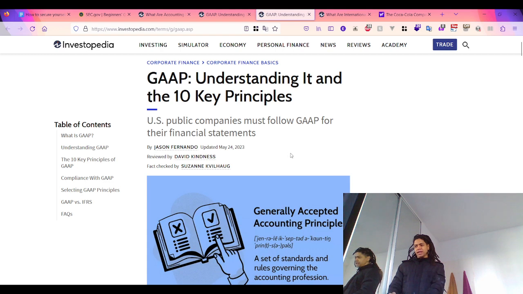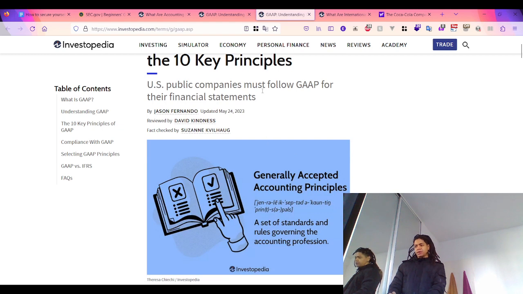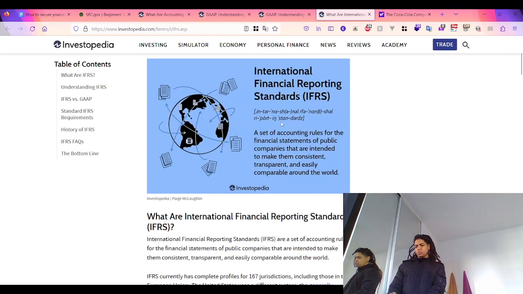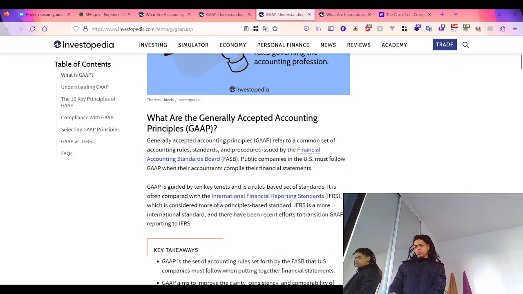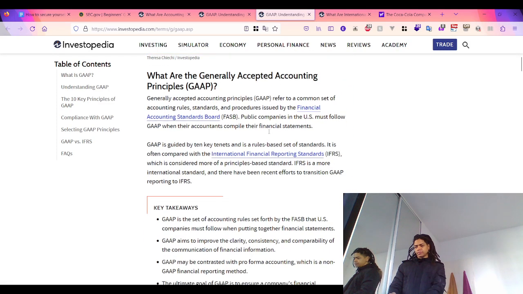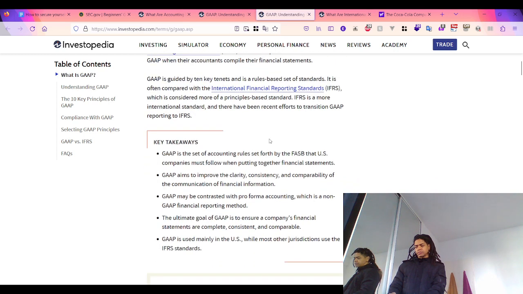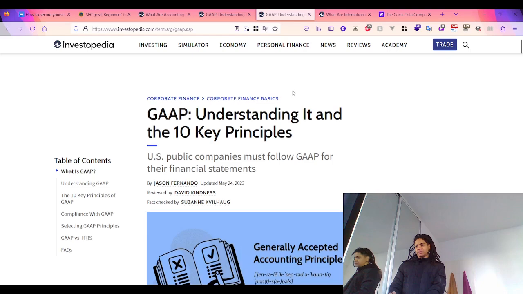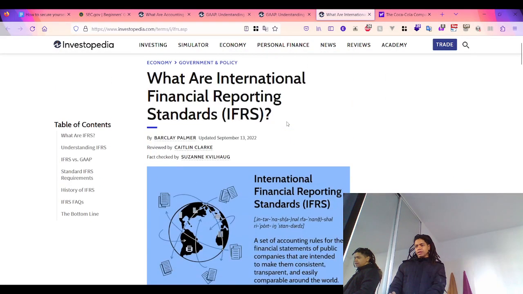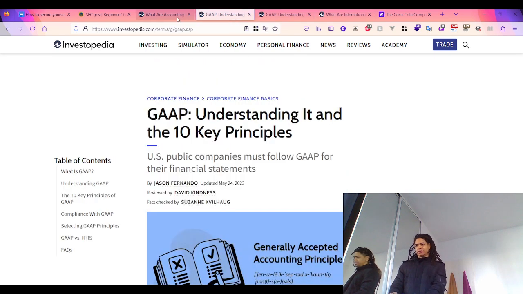In GAAP, understanding it and the 10 key principles, U.S. public companies must follow GAAP for their financial statements. GAAP, Generally Accepted Accounting Principles, and Financial Reporting Standards. Interesting.